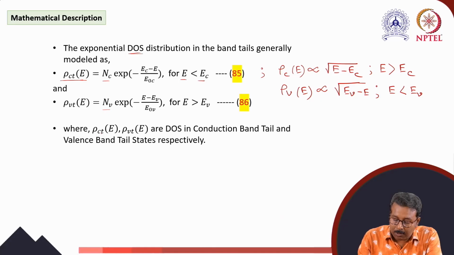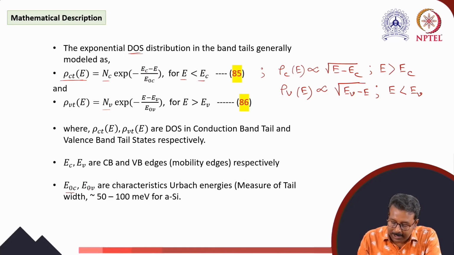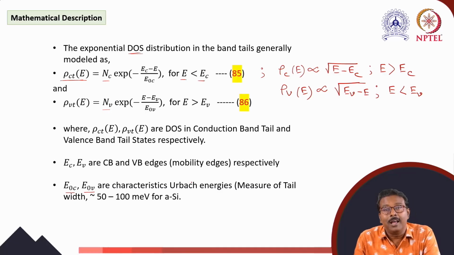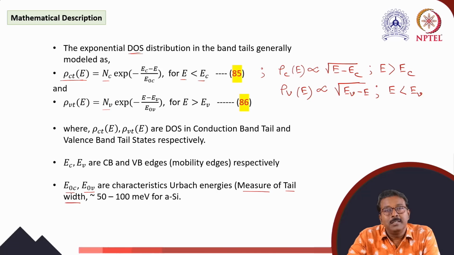This is the formula for states we have described. Now, rho Ct and rho Vt, I have already discussed, this is the density of states, but what is the value of E0C and E0V? This is very important. And Ec and Ev, as I already told, are the band edges. Now, E0C and E0V are characteristic Urbach energies. This is nothing but a measure of tail width, and this value is different for different materials.